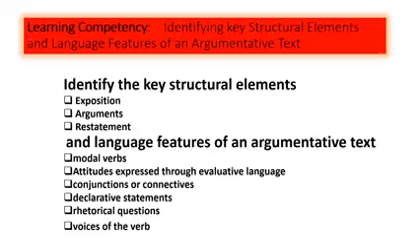These are the words that are used to connect phrases, words, or your thoughts. In the succeeding weeks, you will also learn the declarative statements and the rhetorical questions. But for this lesson, you will learn the voices of the verb. As I've mentioned, these are the active and the passive voices.